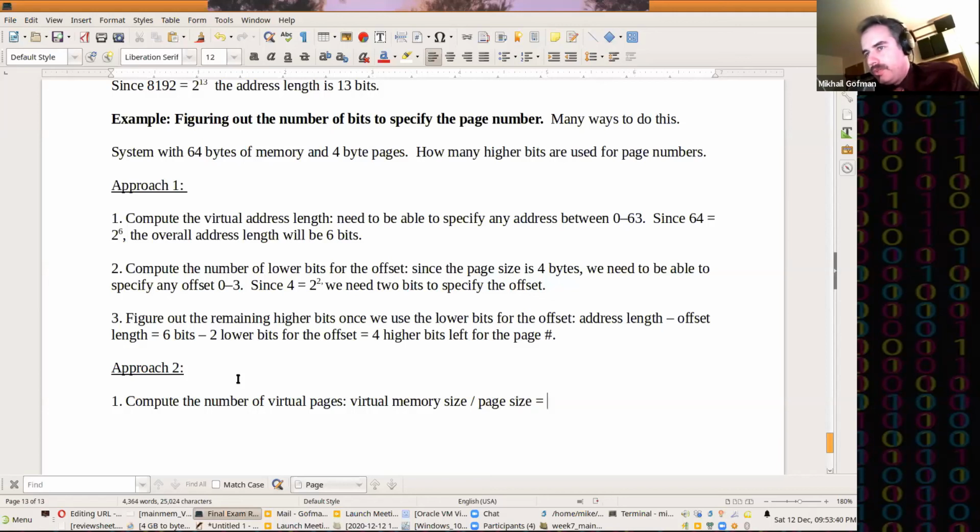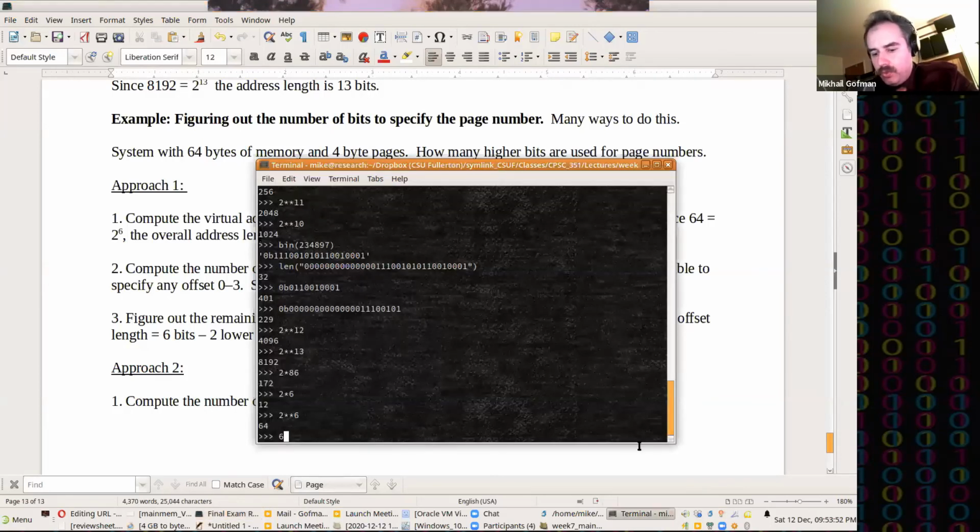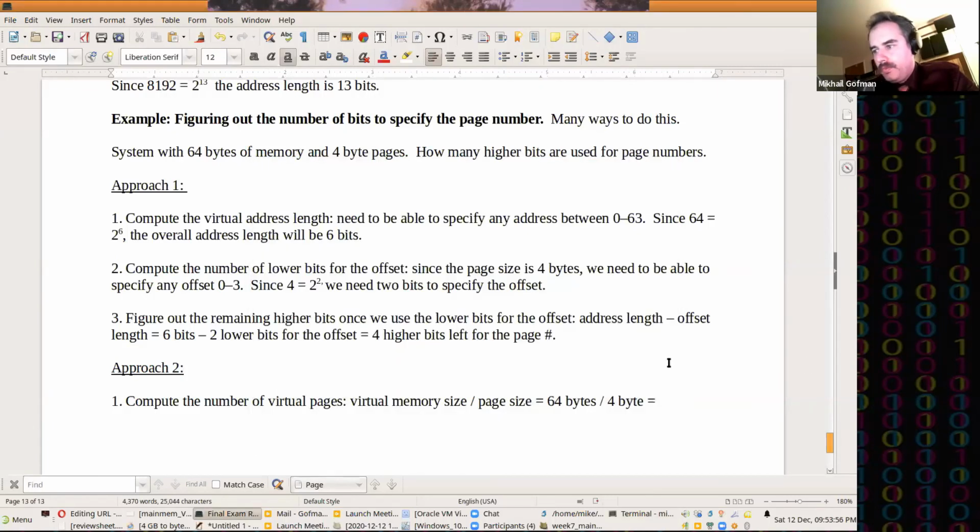So the virtual memory size is 64 bytes, and we divide that by 4 byte pages. If you do 64 divided by 4, you're going to get 16. So this will be 16 pages.